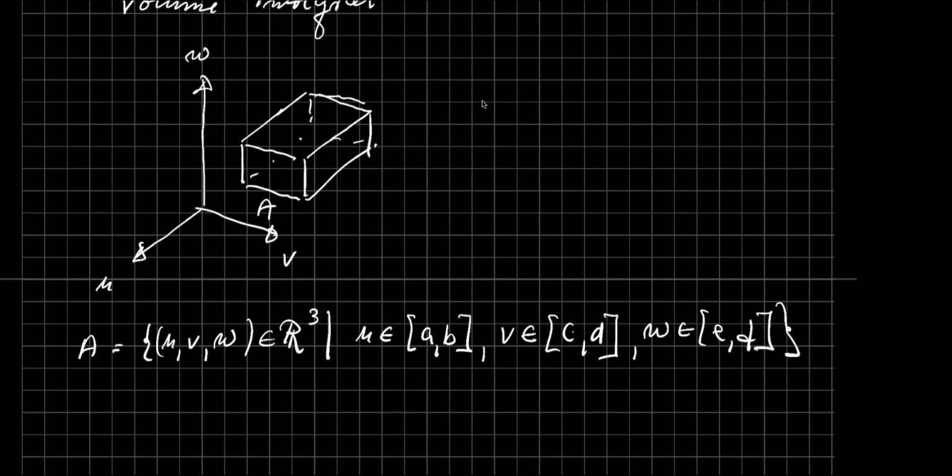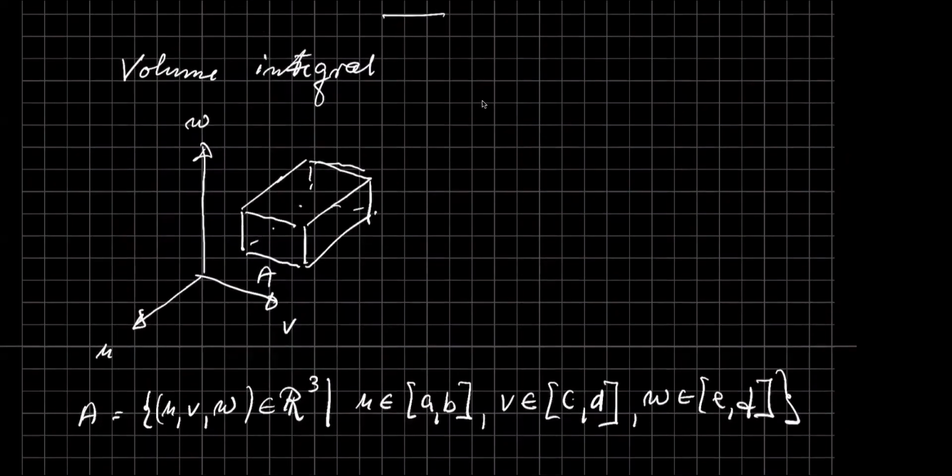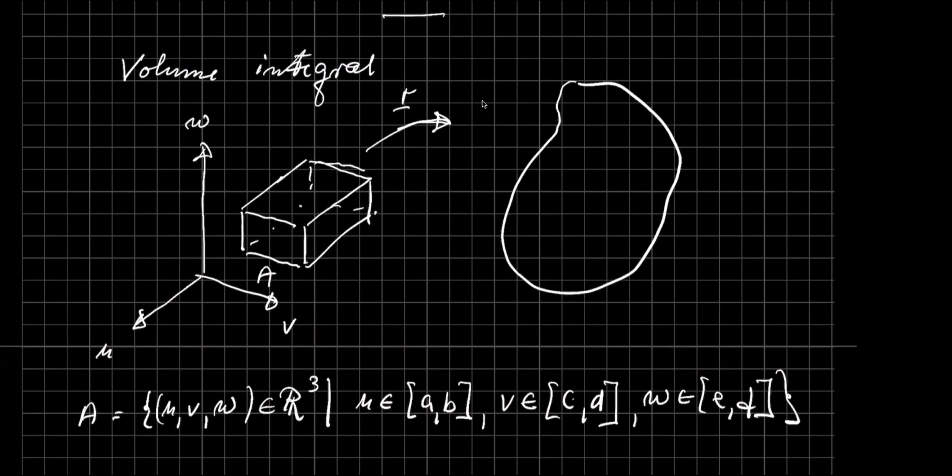So this is mapped onto a figure through this mapping here, r. And let's say that it is mapped onto this solid region in 3-space. You have your coordinate system, x, y, and z.